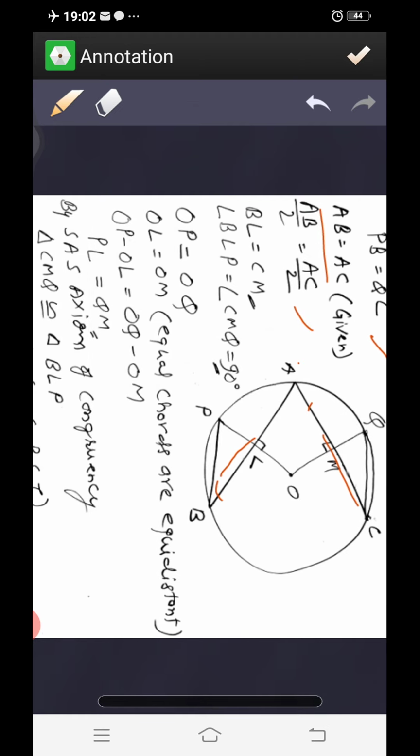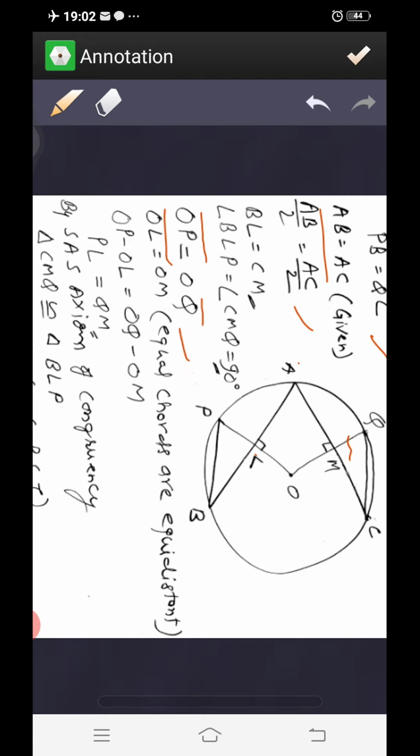Now angle BLP equals angle CMQ. Both angles are equal. So OP equals OQ.